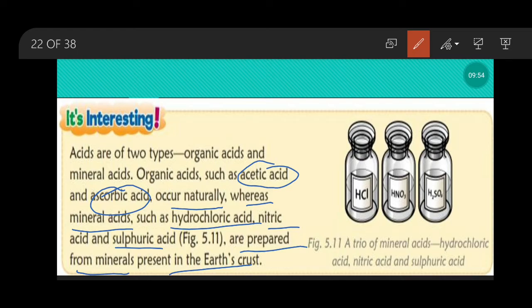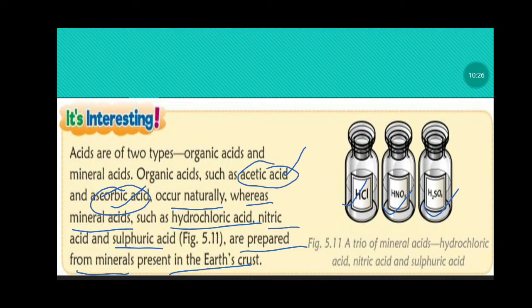So organic acids such as acetic and ascorbic acid occur naturally, but the trio of mineral acids, hydrochloric acid, nitric acid and sulfuric acid, can be prepared from minerals present in the earth's crust.